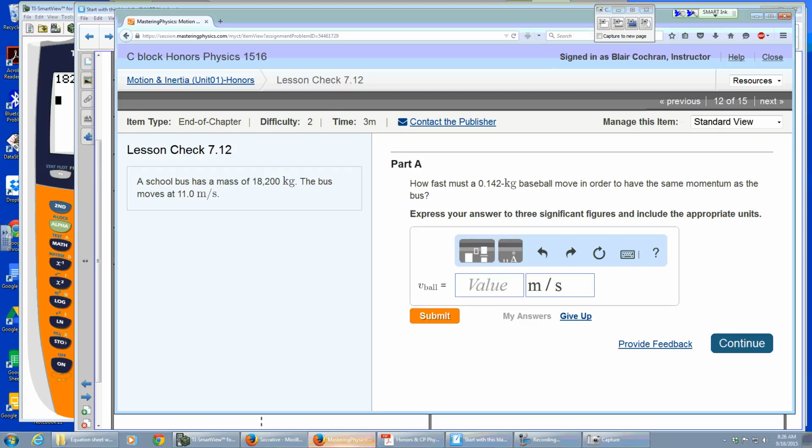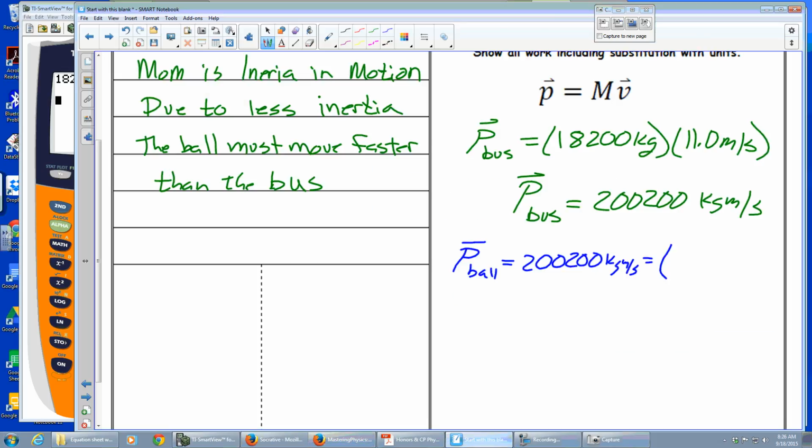Oh, good, kilograms, I don't even have to mess with the units. 0.142 kilograms times the velocity of the ball.